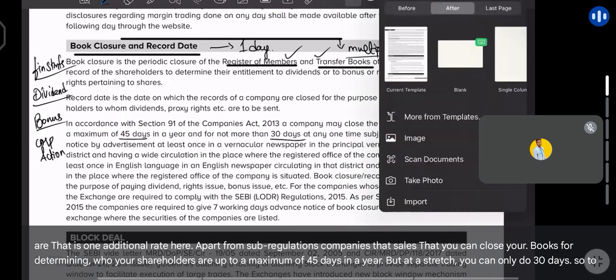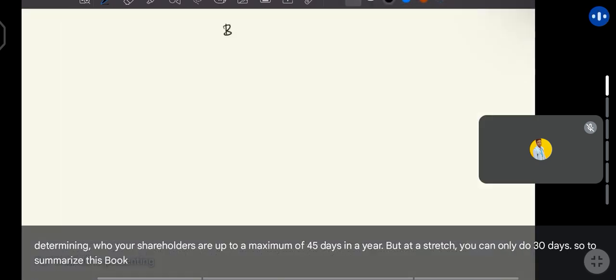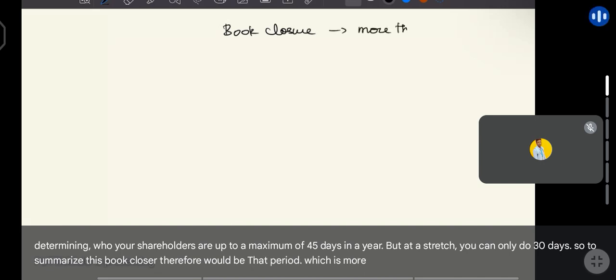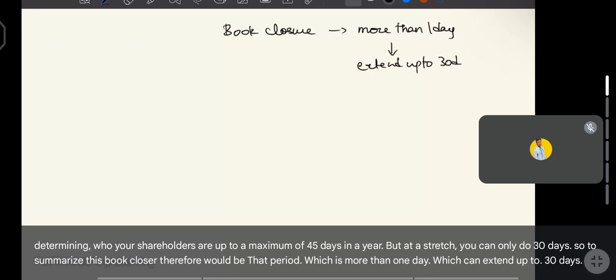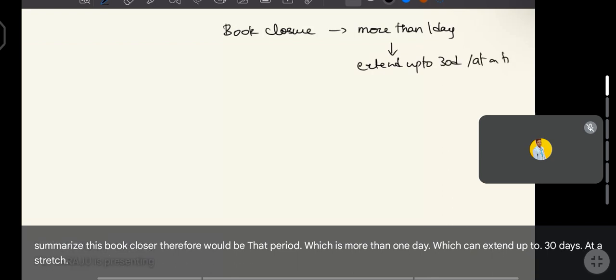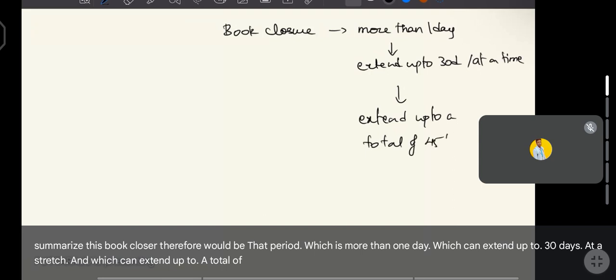So to summarize this, book closure therefore would be that period which is more than 1 day, which can extend up to 30 days at a stretch, and which can extend up to a total of 45 days in a year.